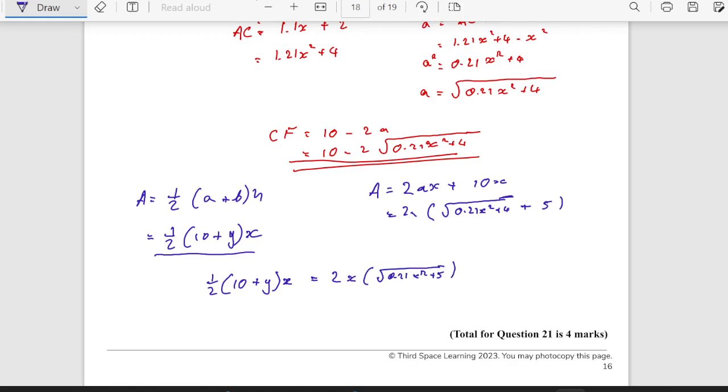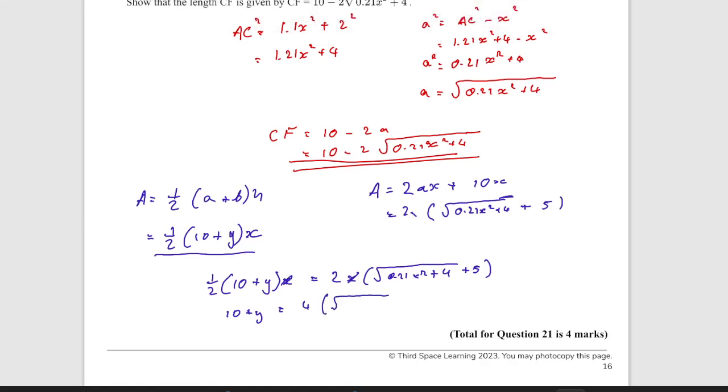Right, so I could have cancelled my x's, so 10 plus y would be equal to 4 lots of the square root of 0.21 x squared plus 4, plus 5.